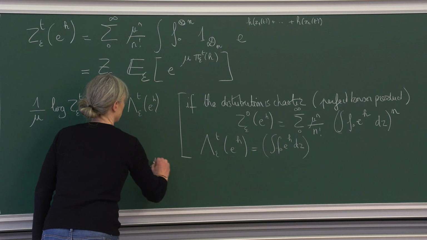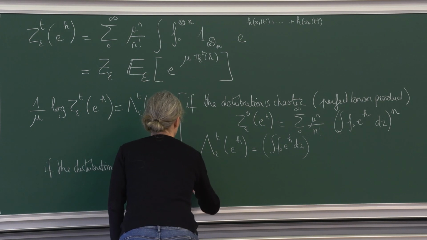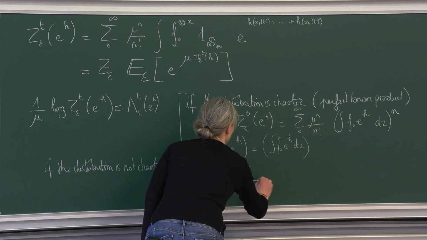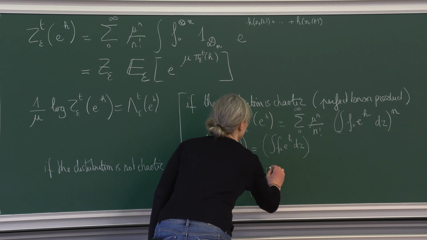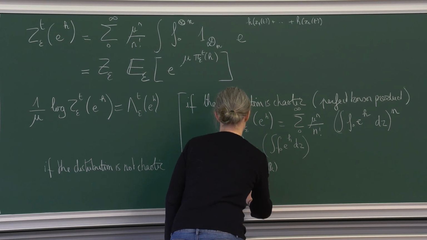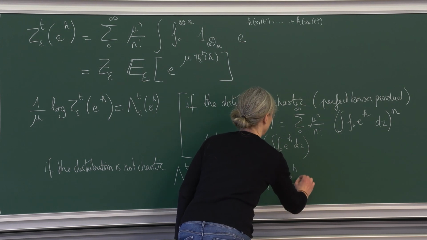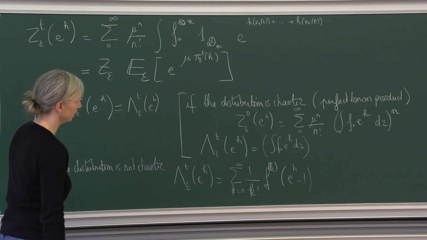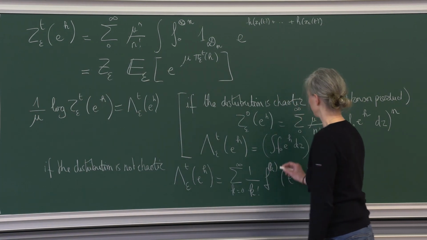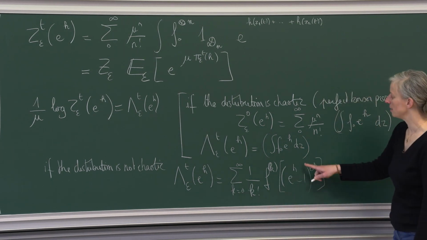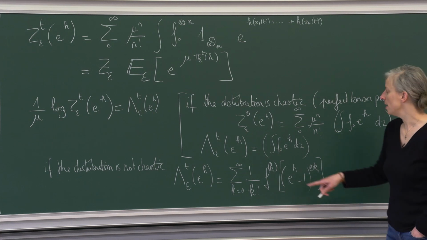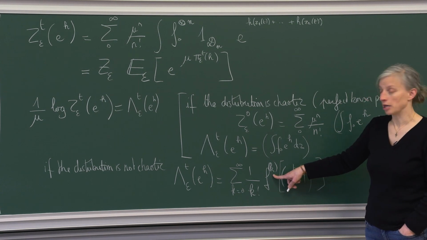What you expect is that you will still have a series expansion of this, which can be written as a sum of 1 over factorial k, f_k, of exponential h minus 1 to the power k. So that's a series with this argument as a function of exponential h minus 1, and this is the cumulant of order k.